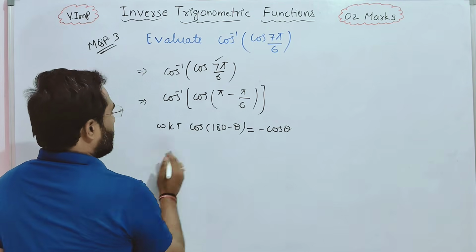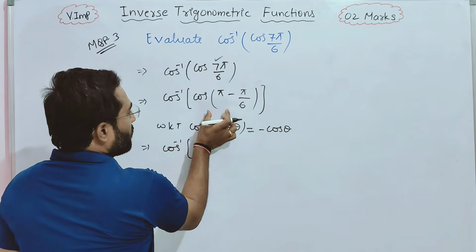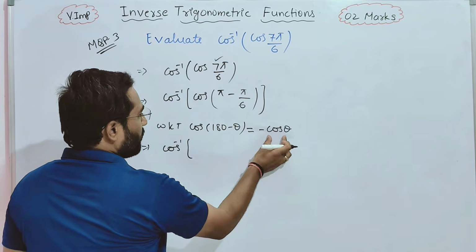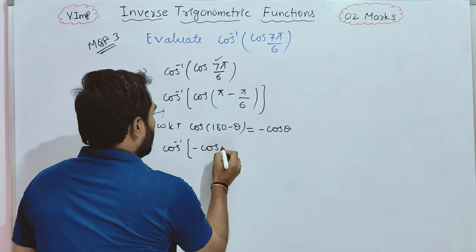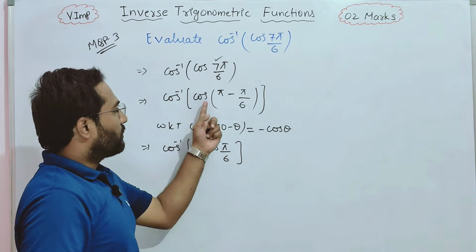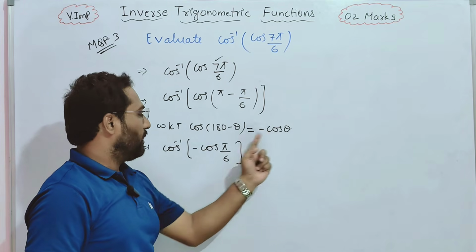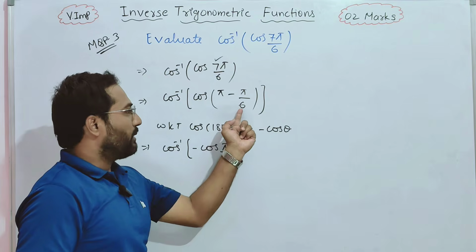Theta value here is pi by 6. What does it become? Cos inverse of cos pi minus theta is nothing but minus cos theta. Here theta is pi by 6.